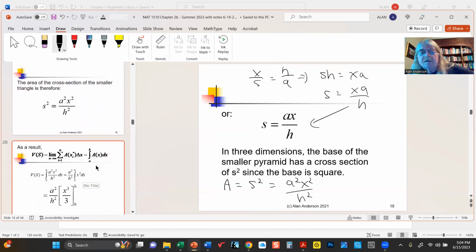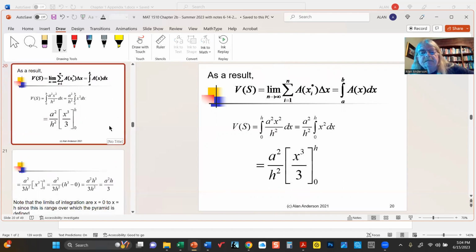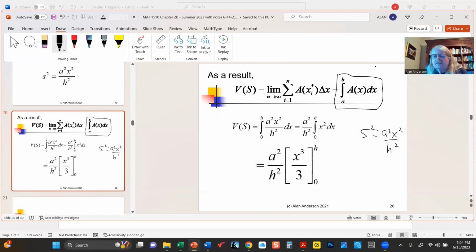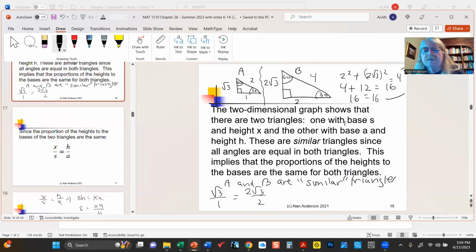So let's write that down again so we don't lose it. S squared. Now, by the way, of course, at the moment, we don't have the specific values. A and H are constants. They have to be given to you. X is the only variable here. So given what we just saw, the volume of this pyramid is going to require us to go over the interval. And again, they haven't given us the exact numbers.